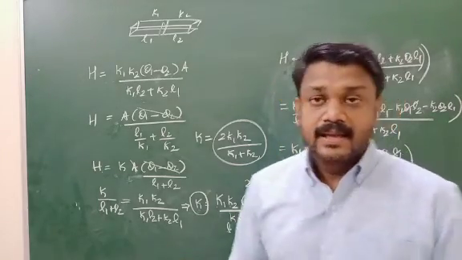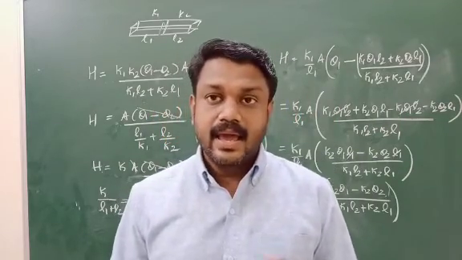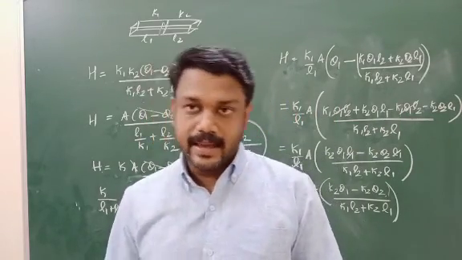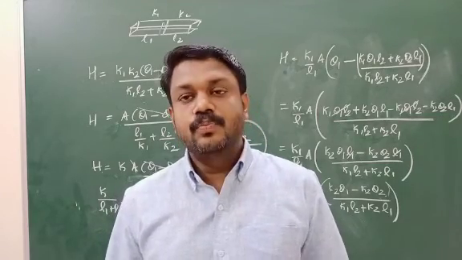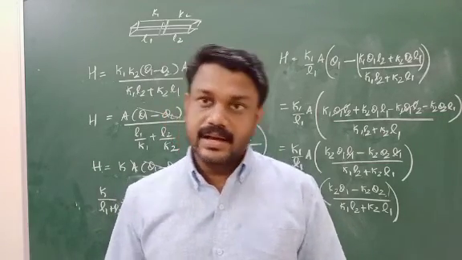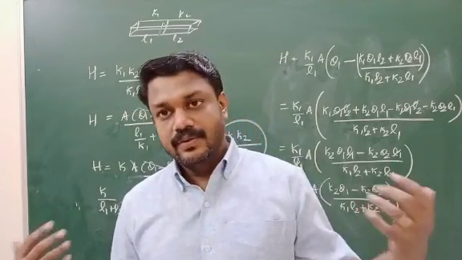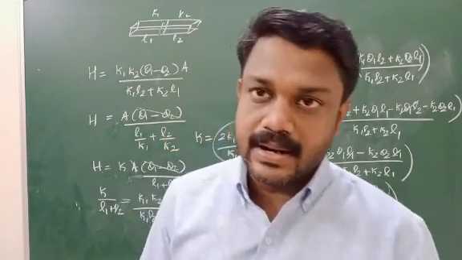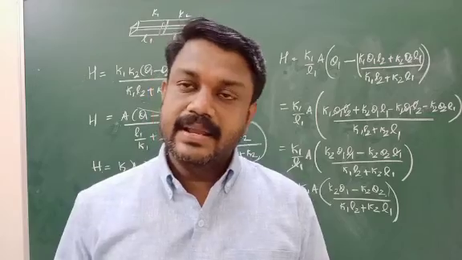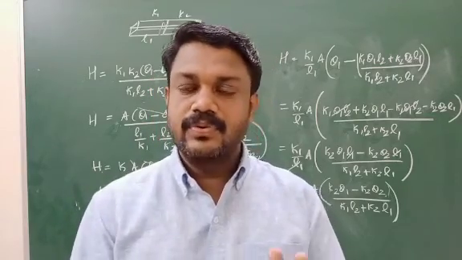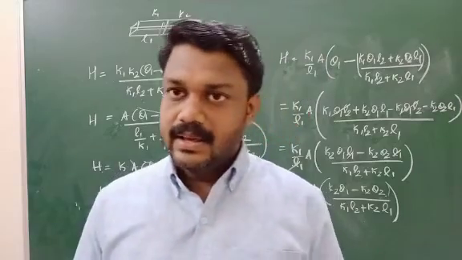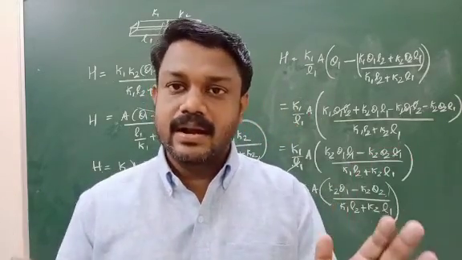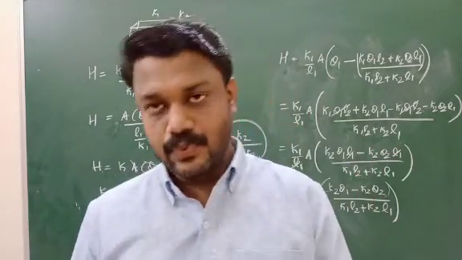Remember, thermal conductivity is the amount of heat flowing per unit time through unit cross-sectional area between two points having unit temperature gradient. Different materials have different thermal conductivities. When different materials are connected in series, the amount of heat flowing through both will be the same, because from point A to B the same heat current is flowing.